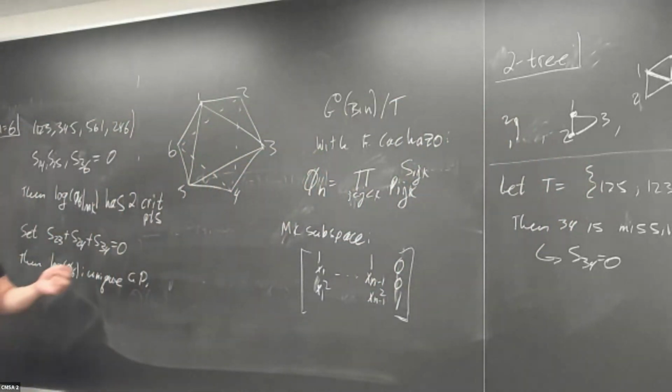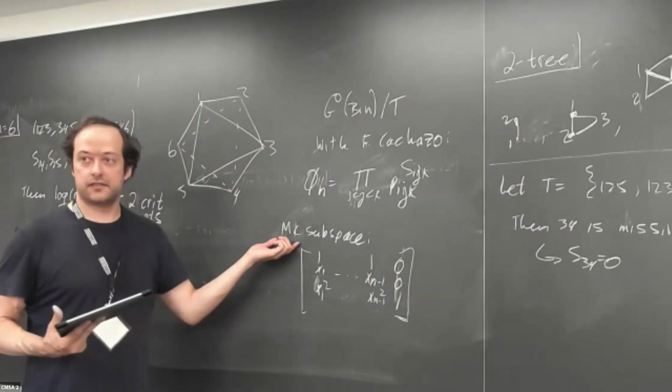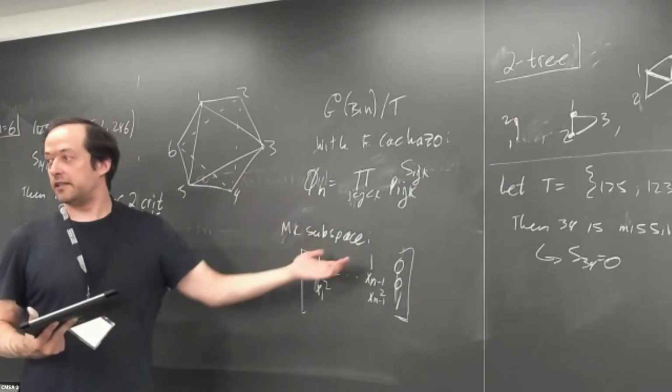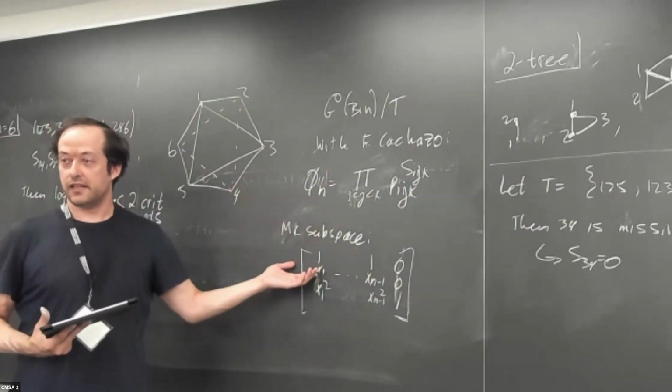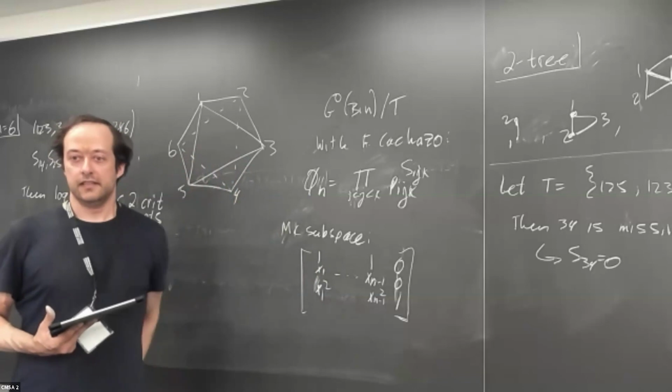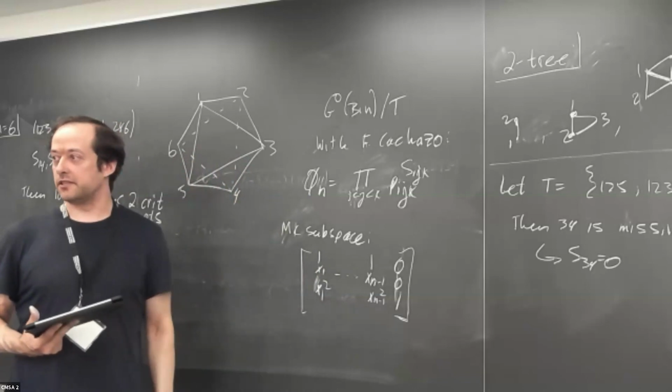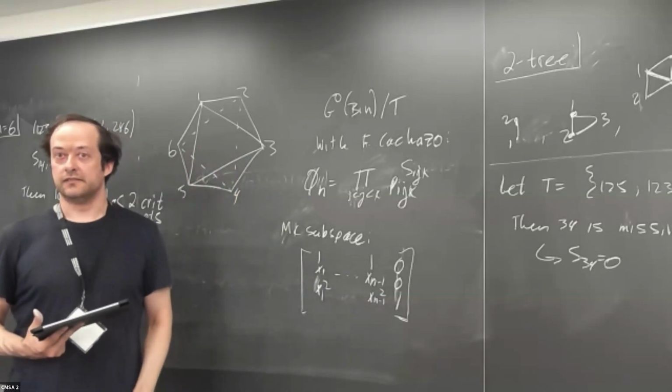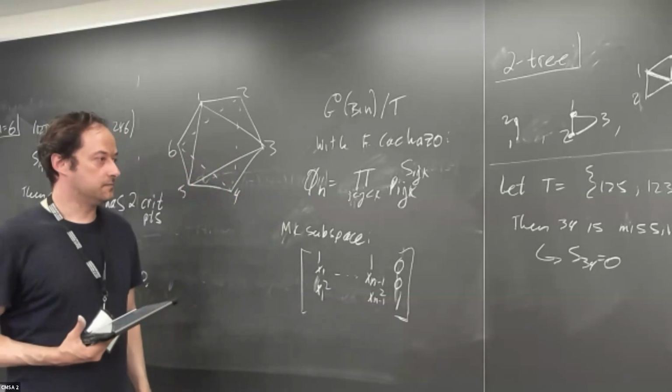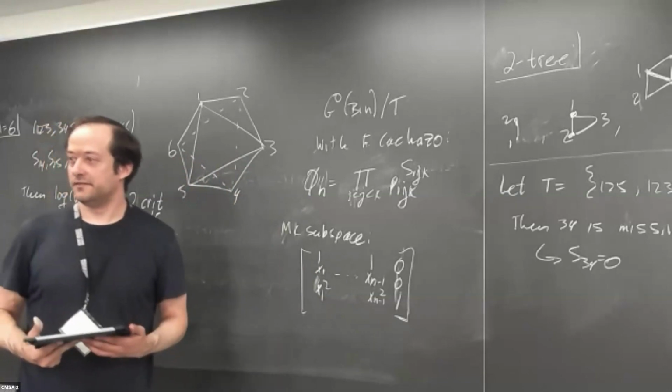If you restrict to the minimal kinematic subspace, you can take a projection of the positive tropical Grassmannian, and there is some nice combinatorics of the rays that you can see. Okay, I think I'll stop here.